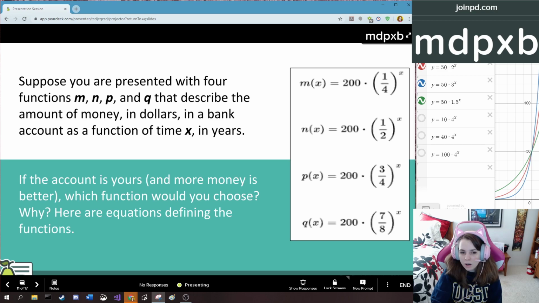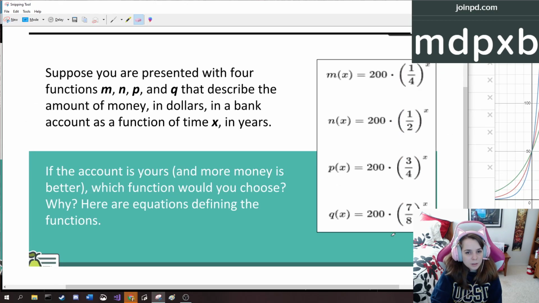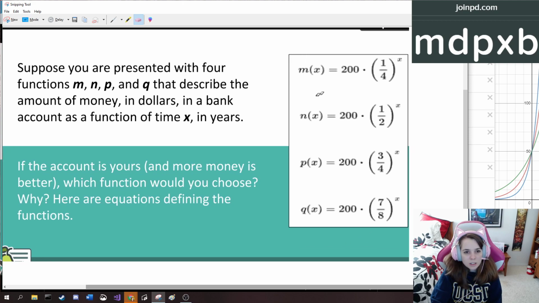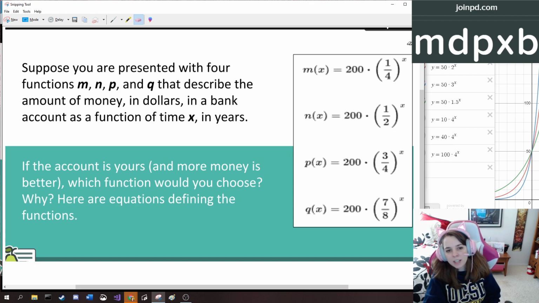Here are our options for our functions. We have m of x equals 200 times 1 over 4 to the power of x.